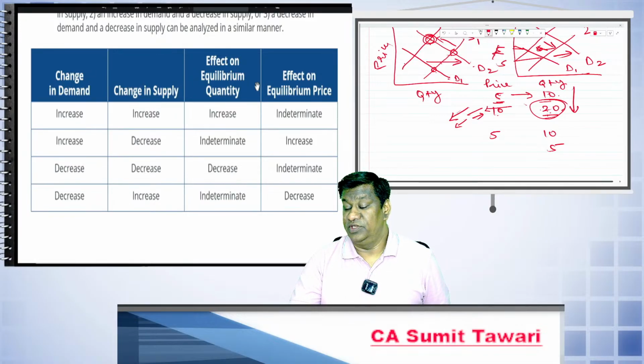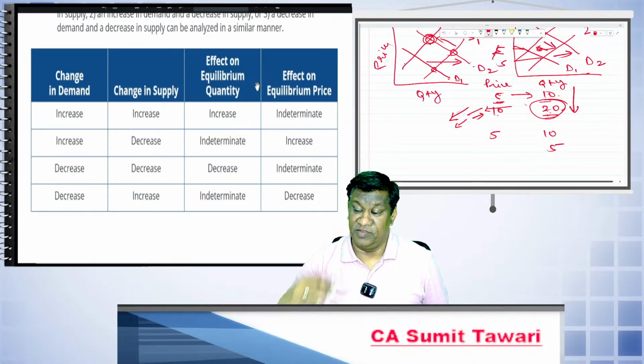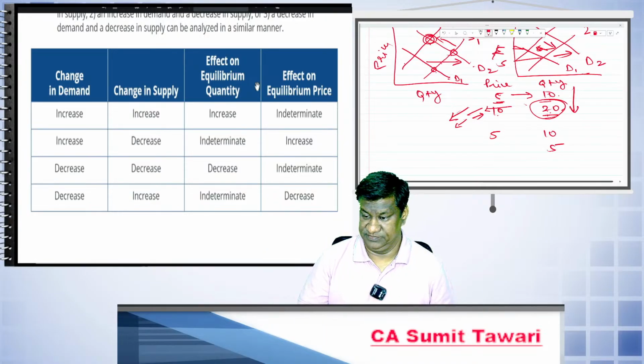Okay. So it is difficult to predict at what price level there should be change in demand and change in supply. Okay. So that's why you cannot decide. I mean, it may increase, it may decrease.